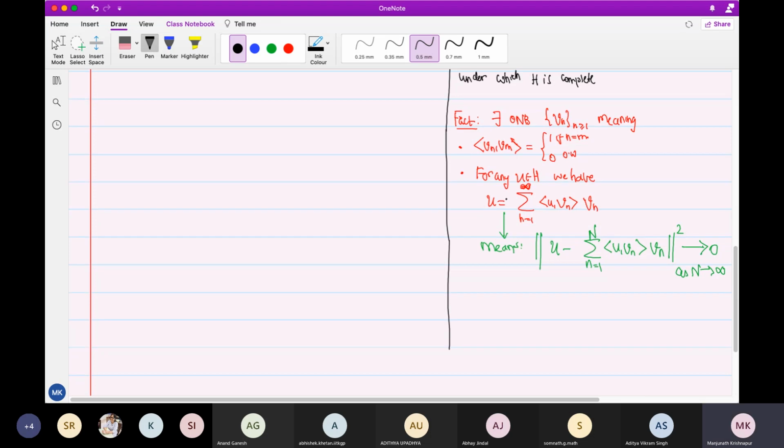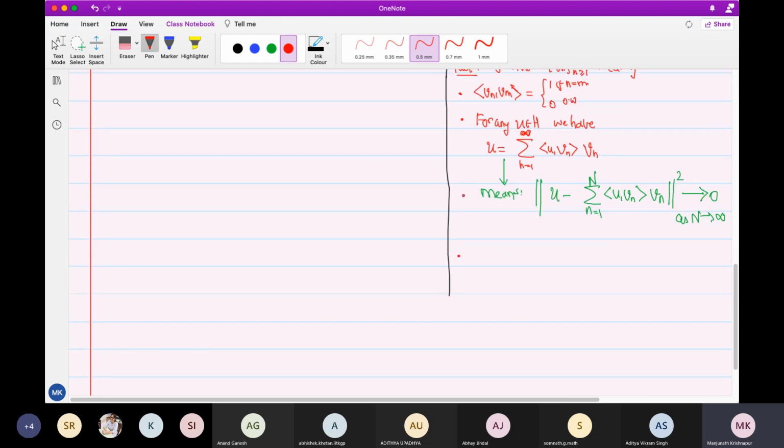It may also be worth recalling another small point. If Vn is an orthonormal set, then these are equivalent statements.